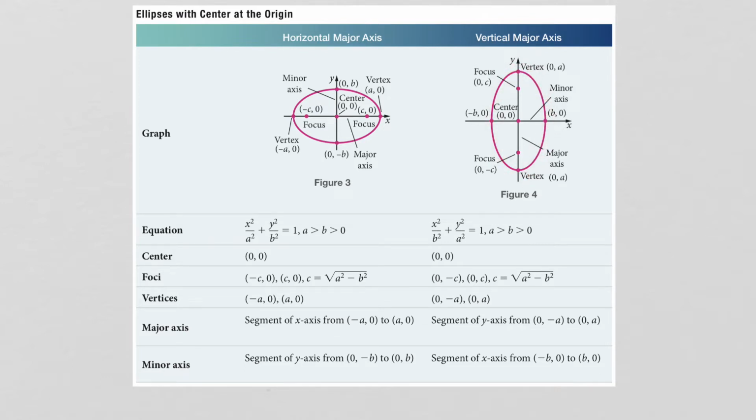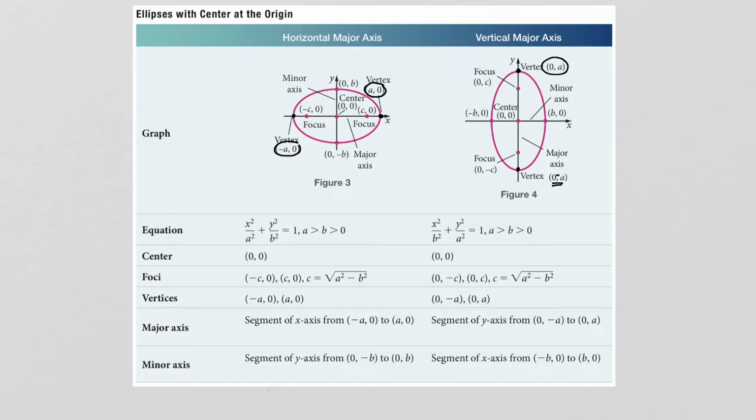For these equations, we are assuming the center is at the point (0, 0) for both of these. And we are going to assume that the coordinates of the major axis, these points here and here, correspond to the points (a, 0) and (negative a, 0). And on the other ellipse over here, they correspond to (0, a) and (0, negative a).